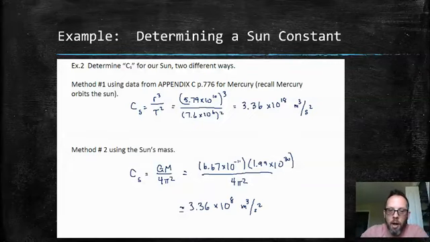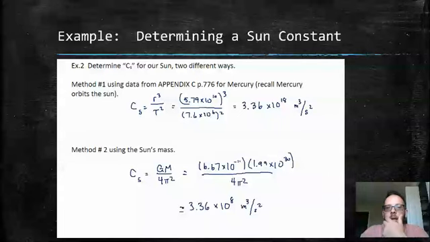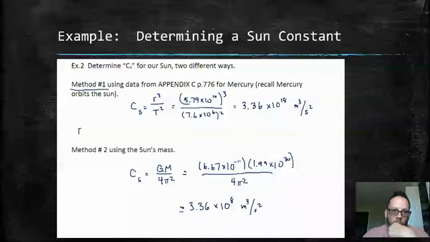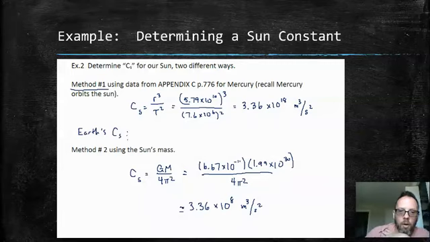Maybe before I go on, let me ask you guys, if I asked you to use method 1 here to find the Earth's sun constant, how would you do it? What values would you look up to calculate Earth's sun constant?